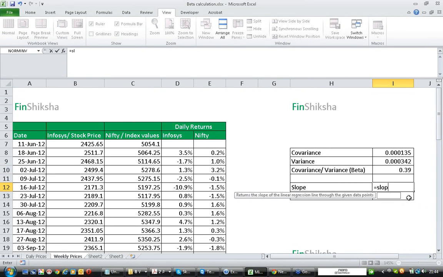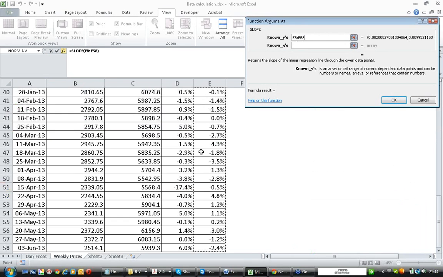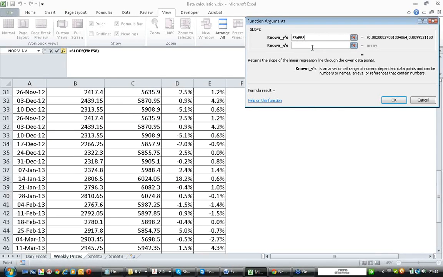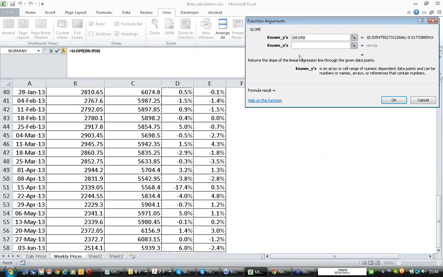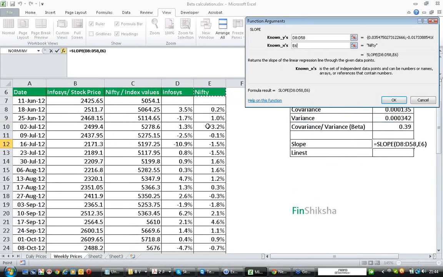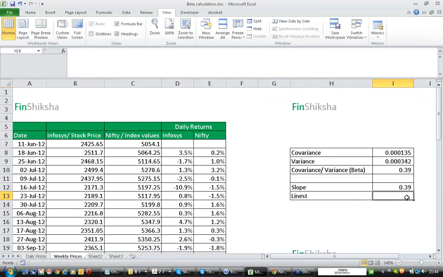Now let's use the SLOPE function. Slope, we have known x's, that is the market returns. Known y's are stock returns. Enter, and we get the same beta.